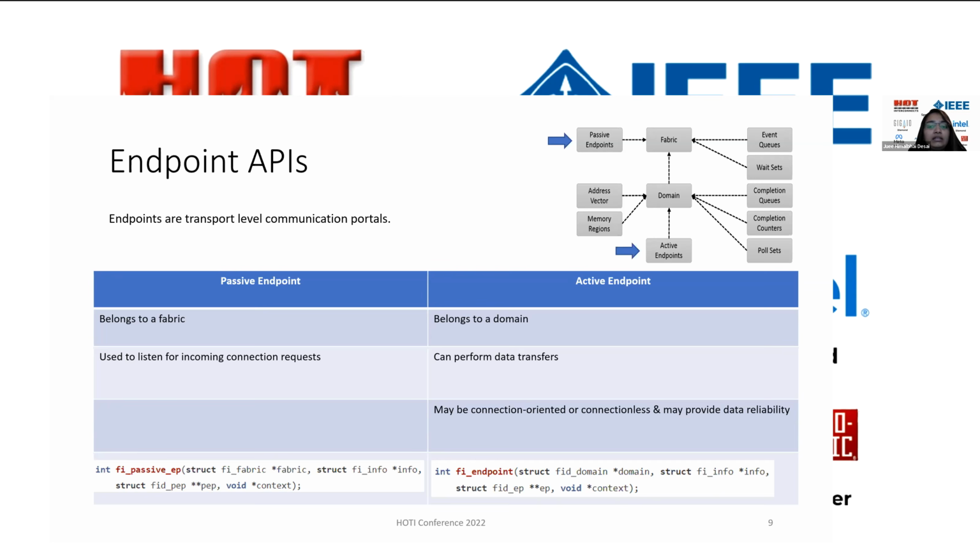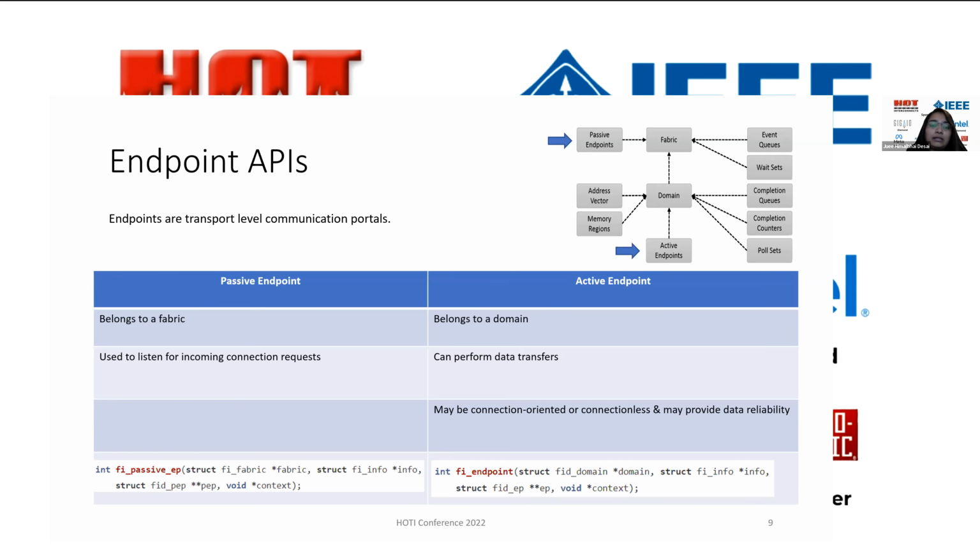On the other hand, the active endpoint is used to perform data transfer operations. In basic configurations, an active endpoint has transmit and receive queues. So operations that generate traffic on the fabric are posted to the transmit queue, and operations that post buffers for receiving incoming data are submitted to the receive queue.